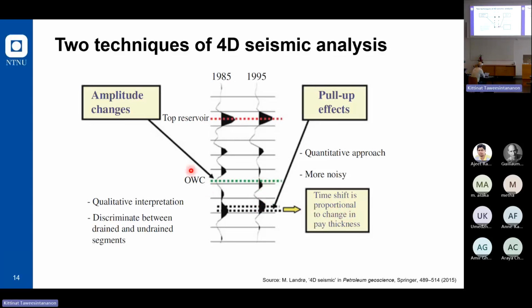So there are two methods. Normally people think about the analysis of amplitude changes, but in this thesis I focus on the time shift analysis, because I see some opportunity to improve the method, and because travel time is normally more robust than amplitude analysis in some sense.